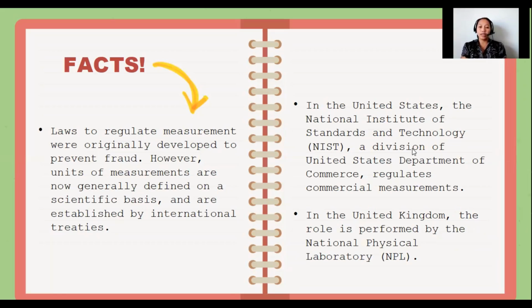In the United States, the National Institute of Standards and Technology, or NIST, a division of the United States Department of Commerce, regulates commercial measurements. In the United Kingdom, the role is performed by the National Physical Laboratory, or the NPL.